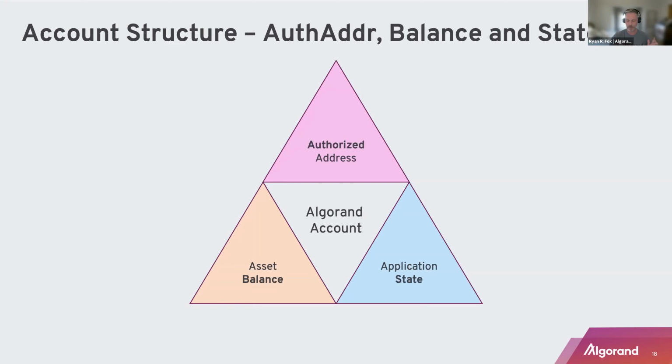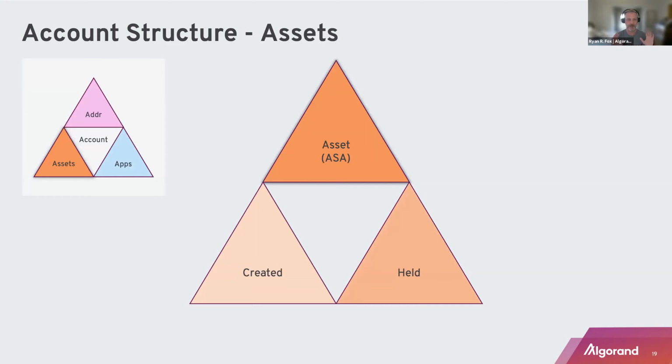So we're going to drill down into the asset side of that a little bit. Last time Russ talked a little bit about assets, or on Algorand, we call them Algorand standard assets, or ASA. And that's because there's a standard method for you to tell the blockchain how you want your asset structured. We saw some examples of that last time when we used the website algodesk.io in order to create some assets.